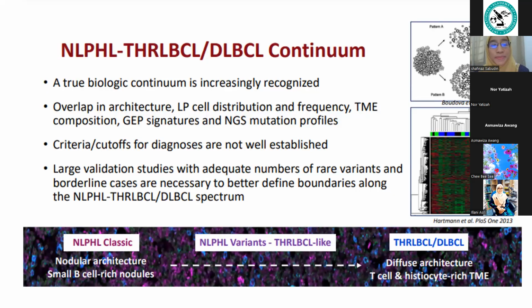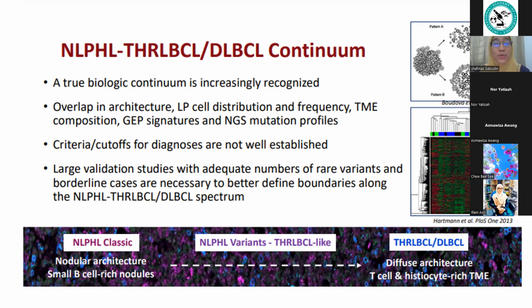This continuum, from the typical classical nodular lymphocyte predominant Hodgkin lymphoma into the variant patterns and into the well-established T histiocyte rich large B-cell lymphoma and DLBCL at the extreme end, is increasingly recognized, where they overlap in architecture, LP cell distribution and frequency, microenvironment composition, gene expression profiling signatures, and next generation sequencing mutation profiles. They all share these similarities.